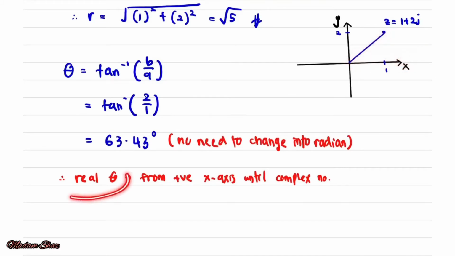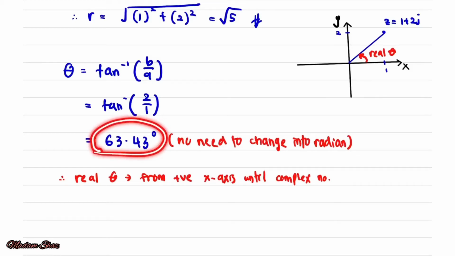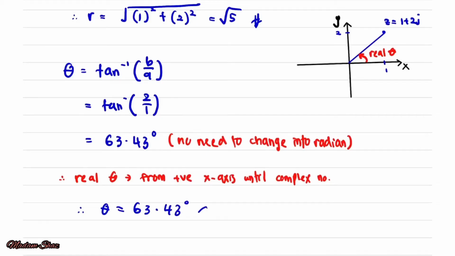So real theta is from the positive x-axis until it touches the complex number. So this is our real theta. So it means that the theta that we found before this is the real theta for the complex number. So therefore, theta is equal to 63.43 degree.